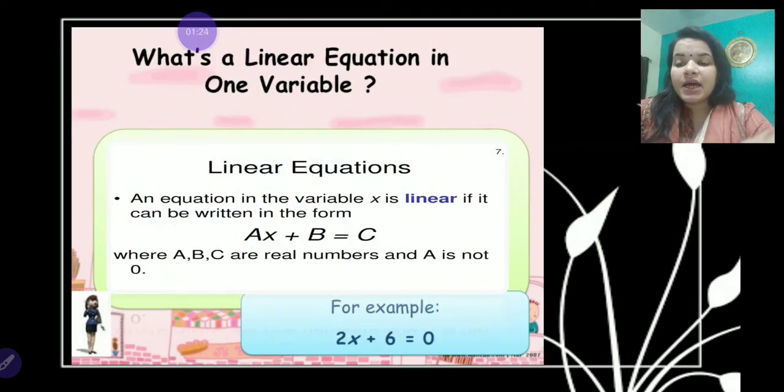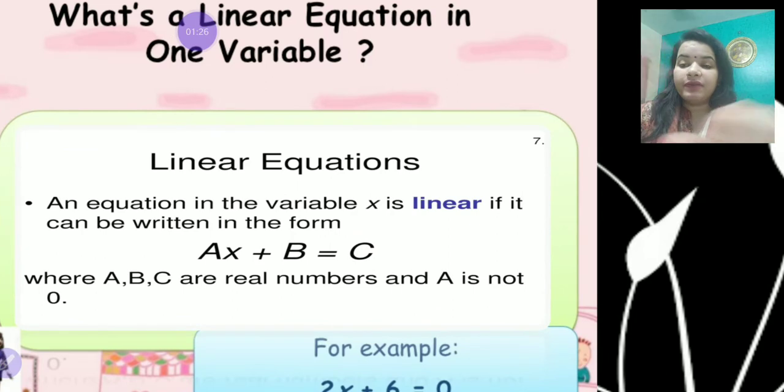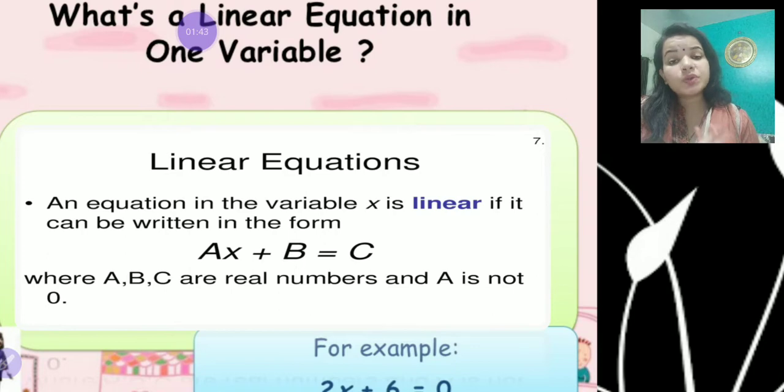Now what is a linear equation in one variable? An equation in the variable x is linear if it can be written in the form ax plus b equals c, where a, b and c are real numbers and a is not equal to 0. Children, basically what is a linear equation? Any equation in which the highest power of the variable is 1.